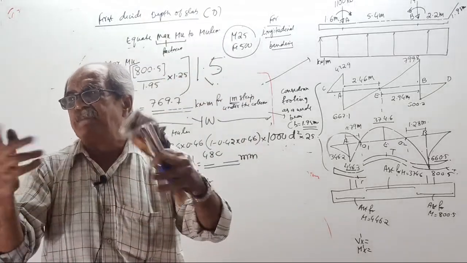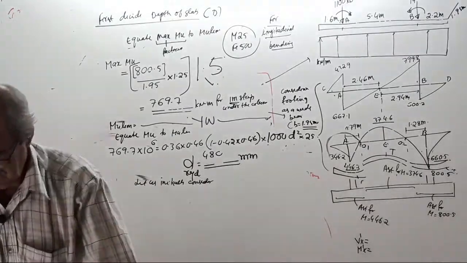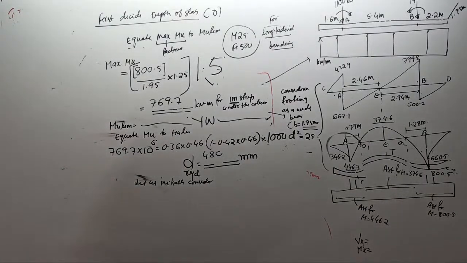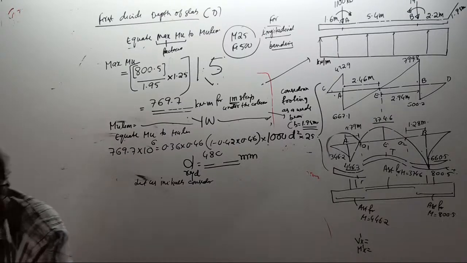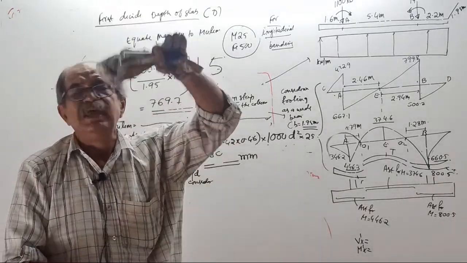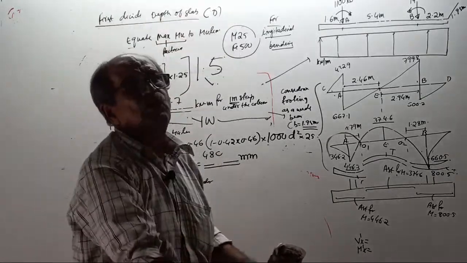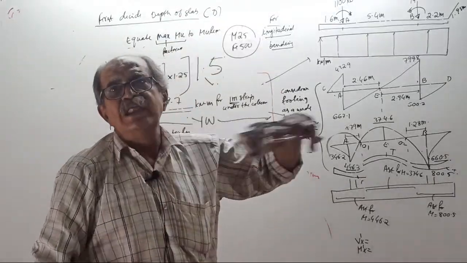Some people take double. Accounting for what? For shear. Therefore, this is almost like a beam. See, width of 1.95 meter, depth of around 1 meter, and length of around 9 meter.